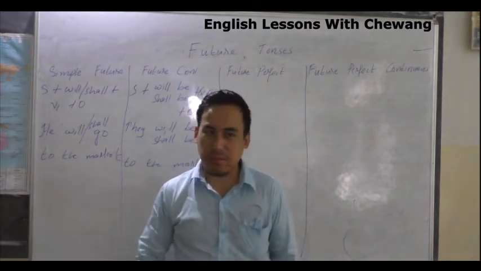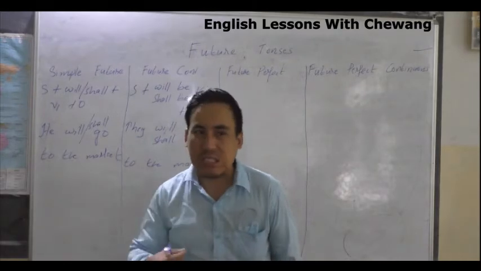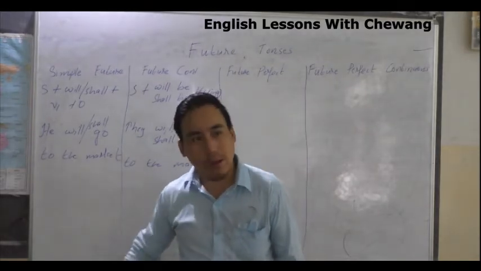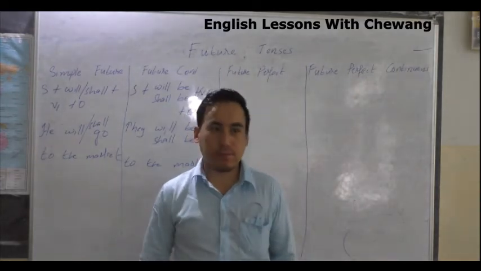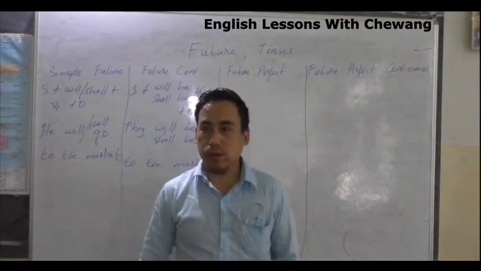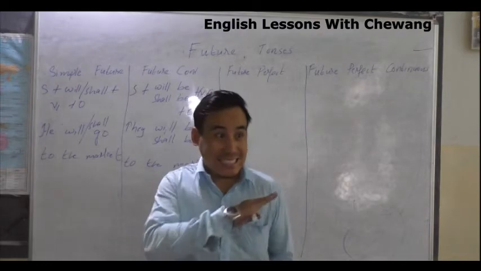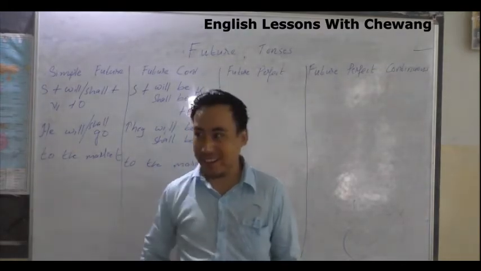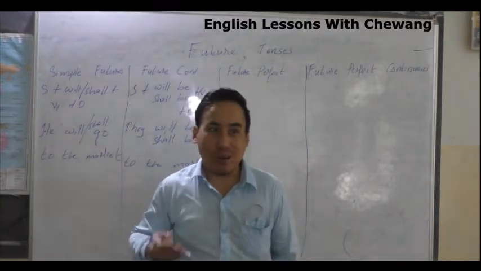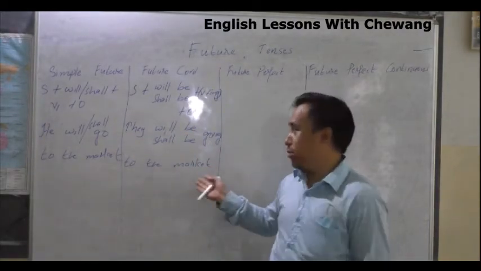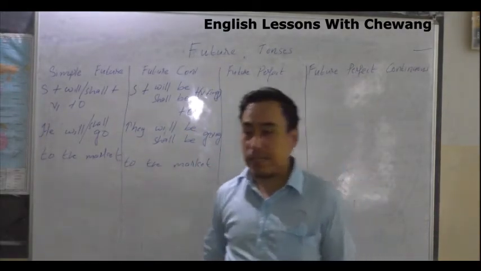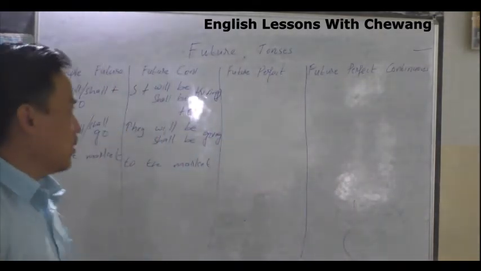English is not about the tune. It's about proper rules. For example, a robot. Will he be going to the market? Same flat voice, right? But we know it is a question. Yes or no? Likewise, English is all about that. Okay. Will he be going to the market? So that is the form.